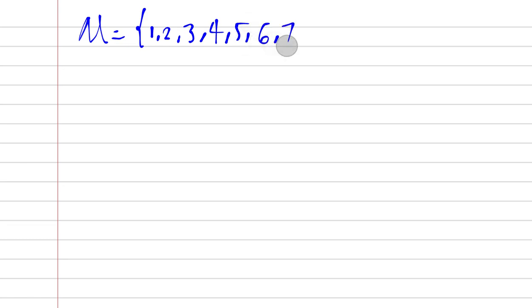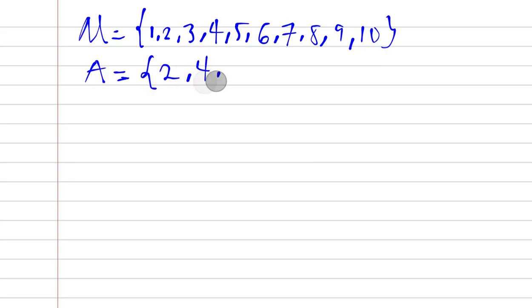All right, let me give you an assignment. Let's say given that your universal set is 1 to 10: 1, 2, 3, 4, 5, 6, 7, 8, 9, and 10. Are you seeing that? So that's your universal set, and then A is equal to 2, 4, 6, 8.